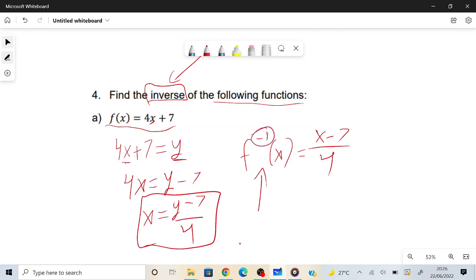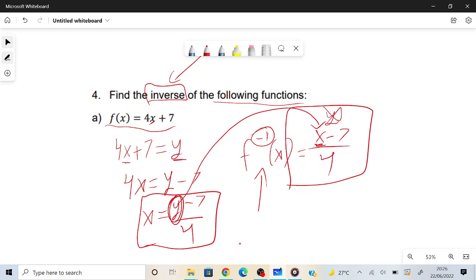And for your final answer, as we had y over here, you just change that y to x. So do not make the mistake of writing y over here as well, because you will be penalized for this. You need to change it back to x, and that is your inverse of that first function.